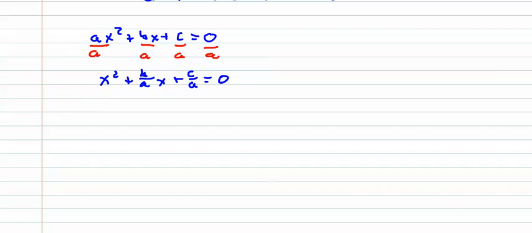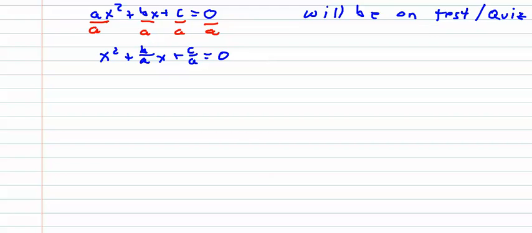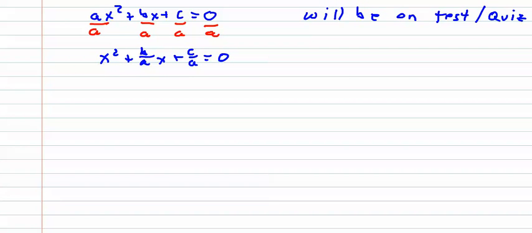Now I might add that the process I'm going through here will be on a test or quiz. I'll let you know beforehand, but I expect that you can repeat this derivation, that you can use completing the square to come up with the formula.